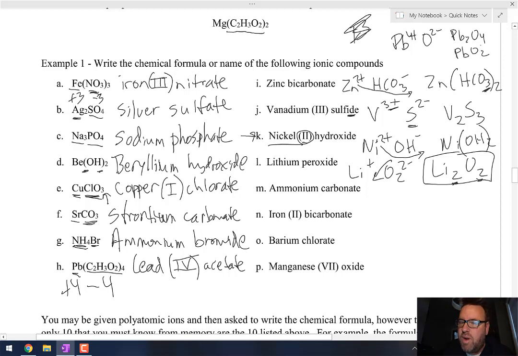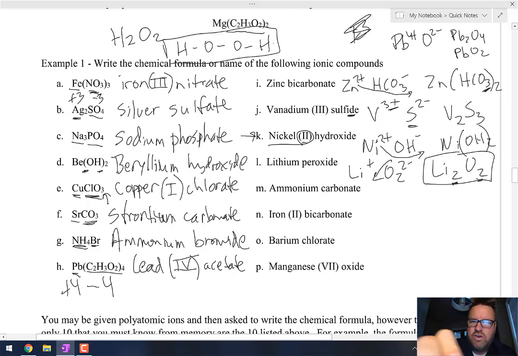Okay, when it's peroxide and only with peroxide, like hydrogen peroxide is H2O2. You don't reduce that down to HO. Okay, and we know that because we know that the actual formula of hydrogen peroxide does have 2 hydrogens and 2 oxygens in it.